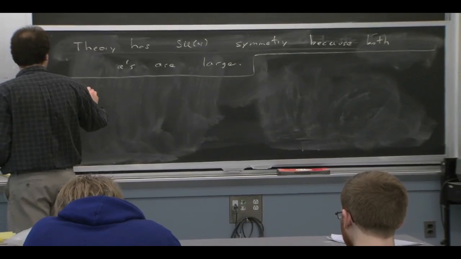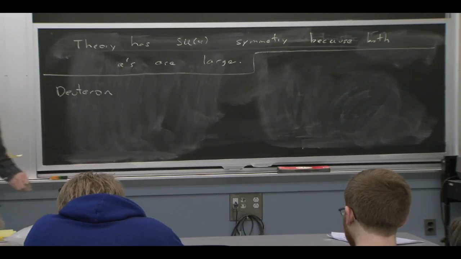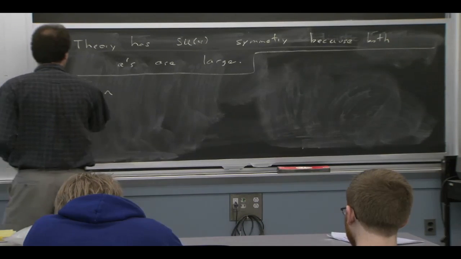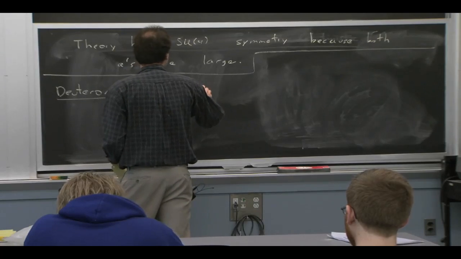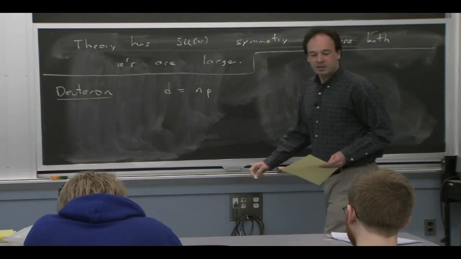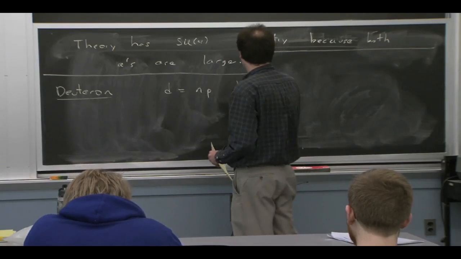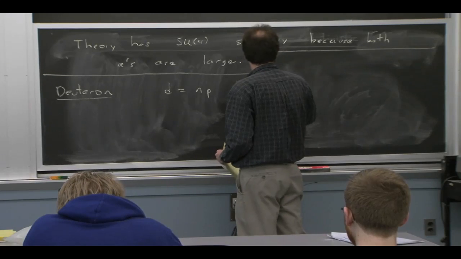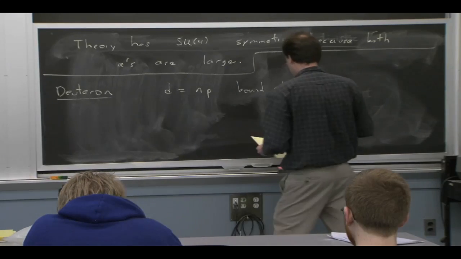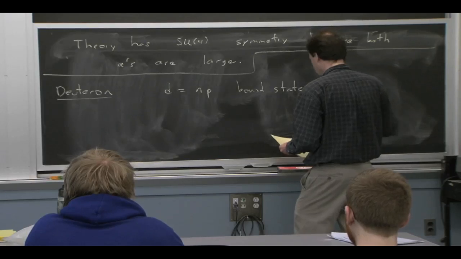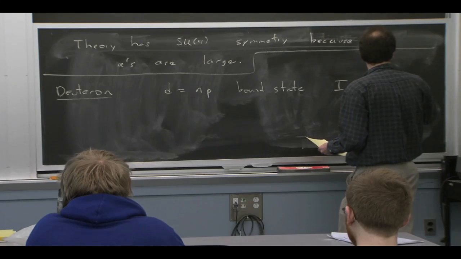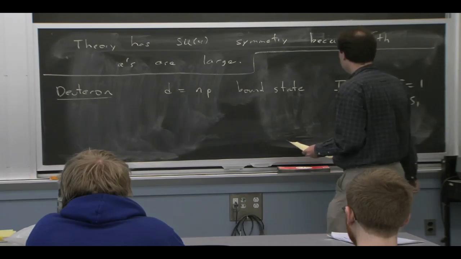And the bound state has something to do with nature. It's a state in nature called the deuteron. So the deuteron is a bound state of a neutron and a proton. It has isospin 0, spin 1. So it's in this 3S1 state that we talked about.